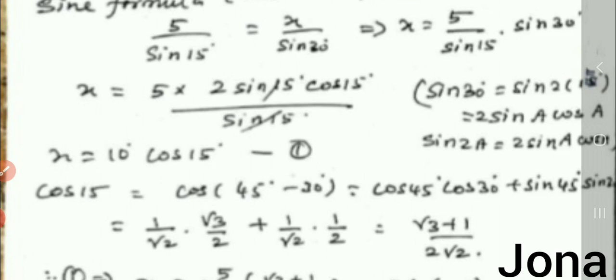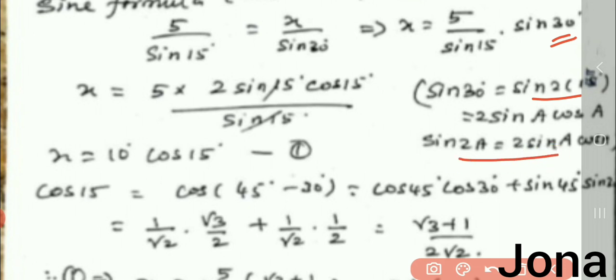This 30 can be written as 2 into 15, isn't it? So that means sine 2 into 15. That can be written using the formula sine 2a, which is 2 sine a cos a.